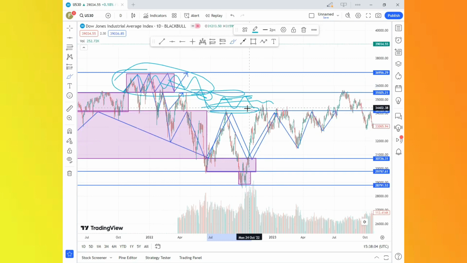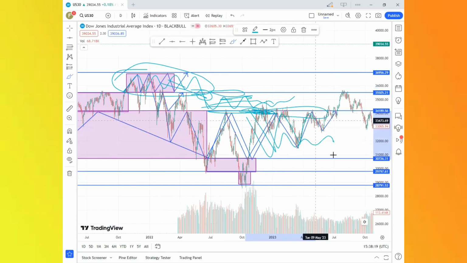As soon as the market breaks this level here, which was considered our support, it will start acting as a ceiling for this level here, and then this level here will start acting as our support for this level here.